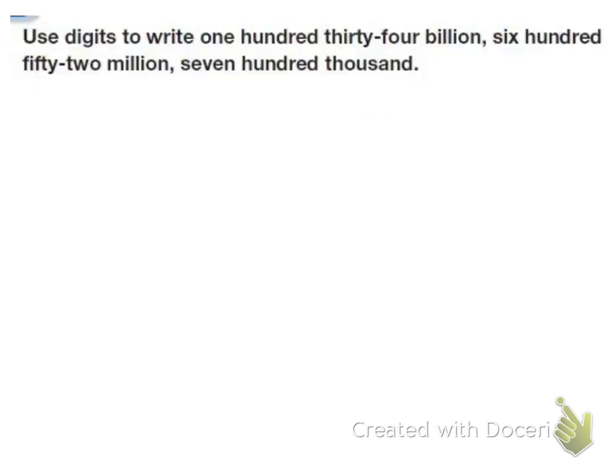Okay, this says use digits to write 134,652,700,000. So sometimes it helps to draw the place values. So we'd have ones, tens, hundreds, comma, the thousands place, millions place, and billions places, because there's 3 for each group.